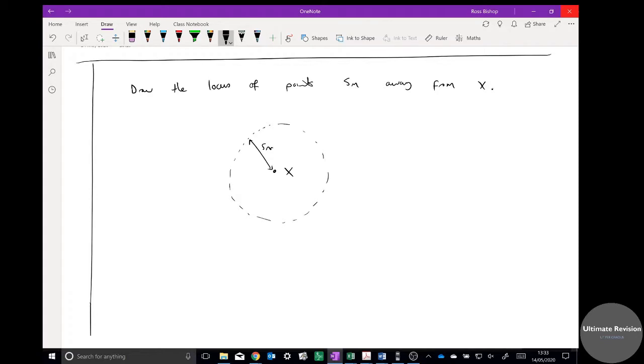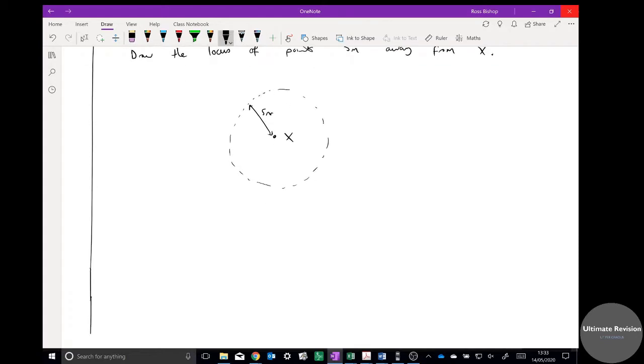Now, if we go back to AS level, just to recap, the equation of a circle is (x minus x1) squared plus (y minus y1) squared equals r squared.